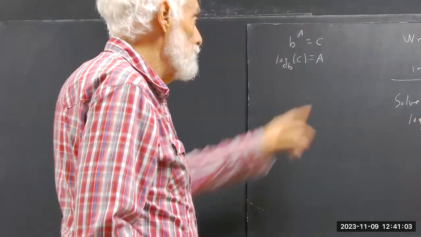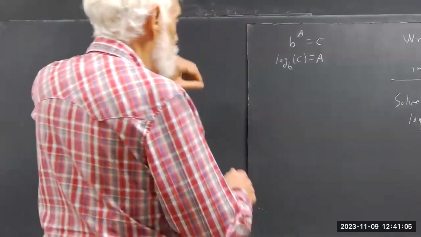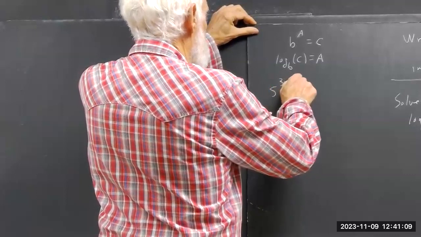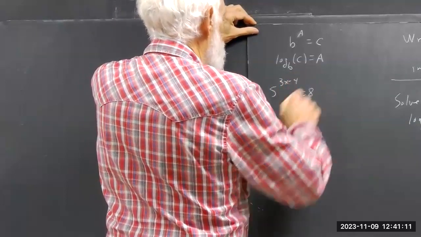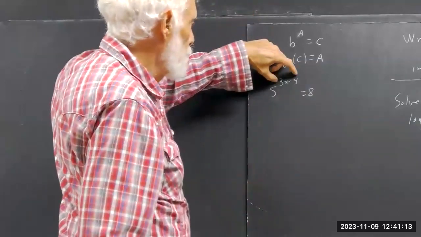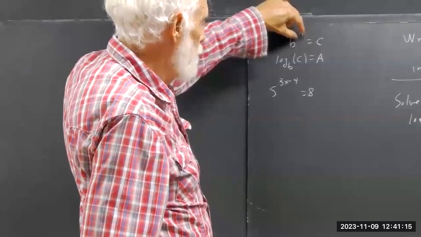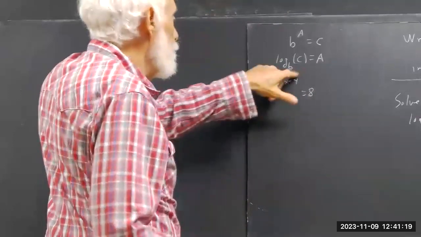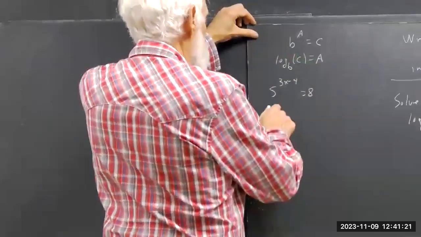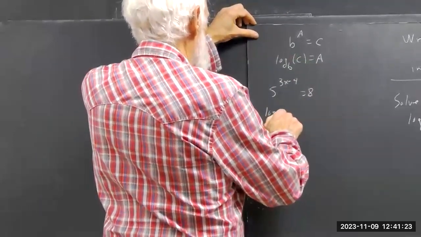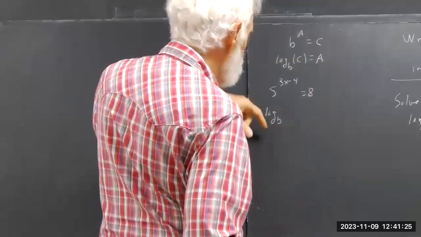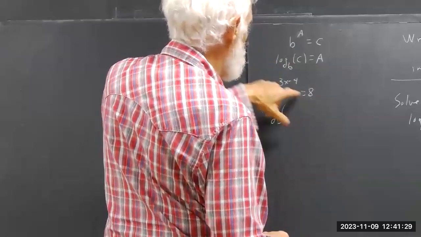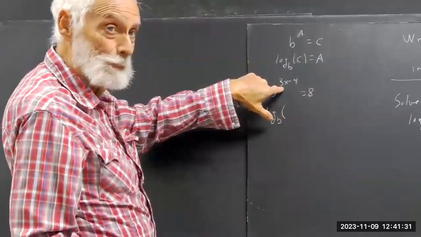All right, so 5 to the 3x minus 4 equals 8. Well, your 3x minus 4 is going to be your A, and your 8 is going to be your C. So if you write it in this form, that would be log base B of C. Well, C is the thing that isn't in the exponent, right?